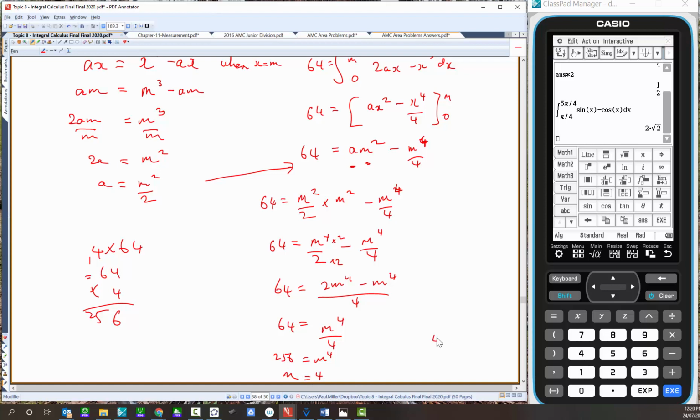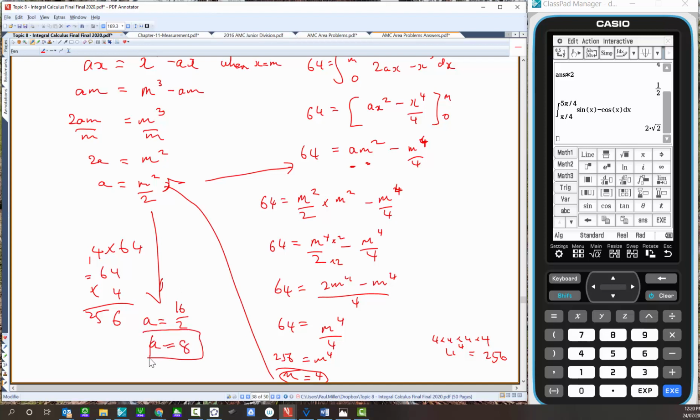Okay, so 4 times 4 times 4 times 4, or 4 to the 4, is equal to 256. Okay, so m equals 4. There's our first value. Now what I can do is sub that into there. So I'm going to get a equals 4 squared, which is 16 on 2. A equals 8. There's our values there.